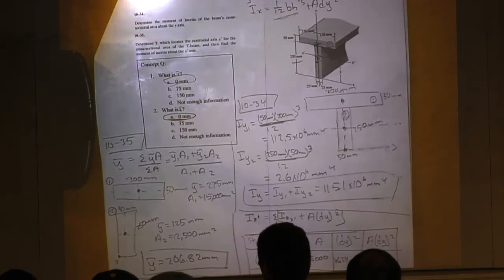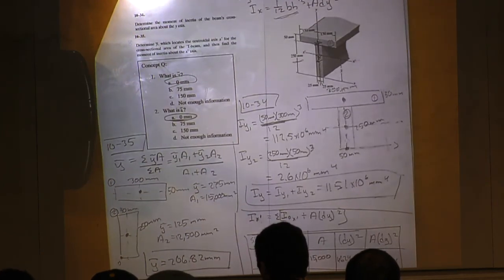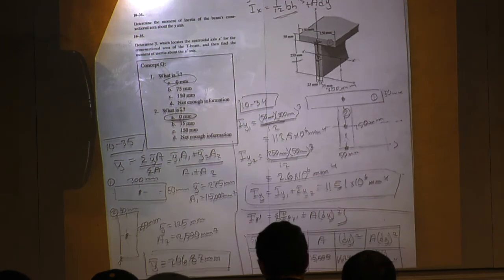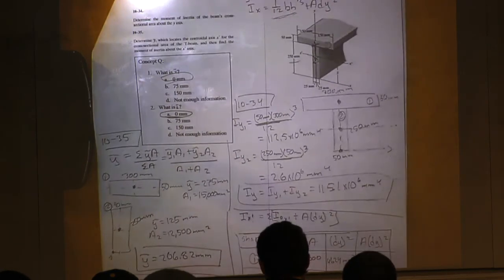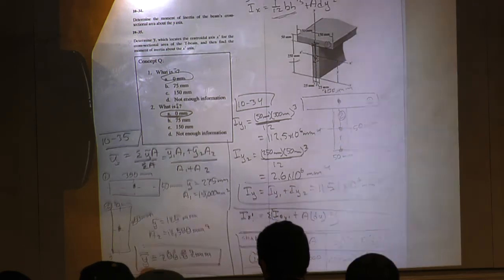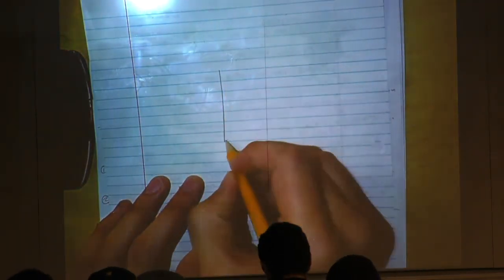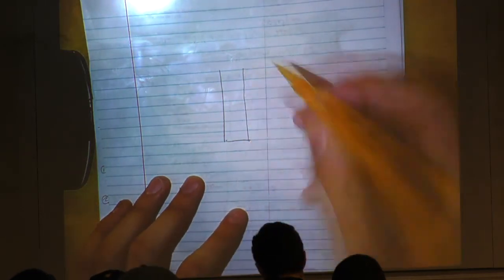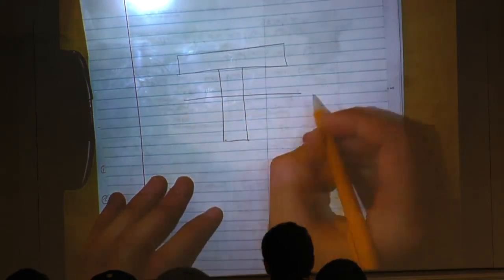Any other questions? Explain how you got dy. All right, sure. So actually, let me draw it out on paper. Might be a little easier to see. I'm going to exaggerate. All right, so we found this is our x prime, right?